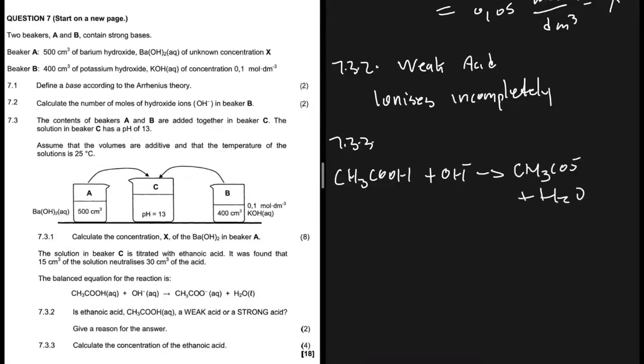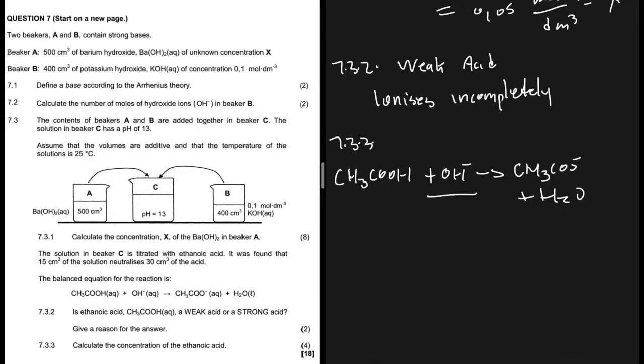So again, we can use the number of moles of one to find the number of moles of the other. If you pay careful attention, when you are doing problems in chemical equilibrium and acid and base, you are always relating the number of moles, right? You start with one and then you try to figure out the other and vice versa.